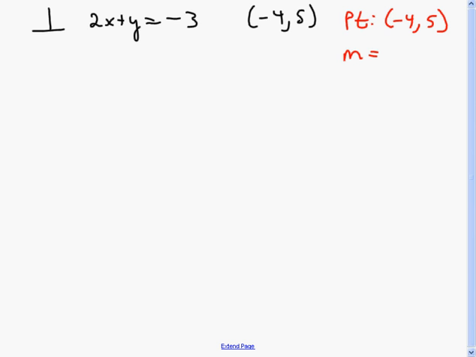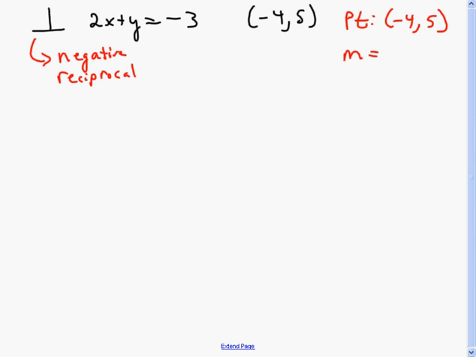All right, so they tell me a couple of things. They want me to write the equation of a line that's perpendicular to that given line. Well, what we know about perpendicular is that if lines are perpendicular, their slopes are negatives of one another and they're reciprocals of one another. So I'm going to use that fact to find the slope of the line that I want.